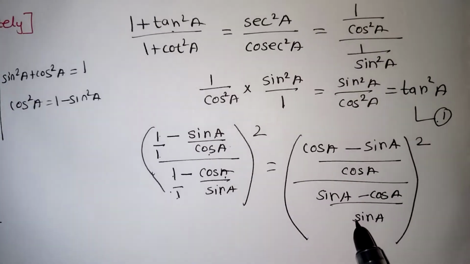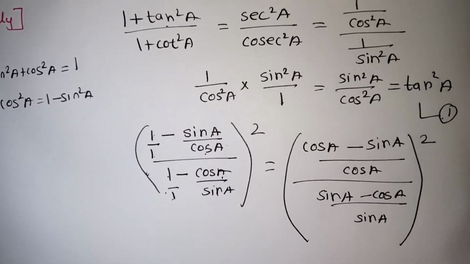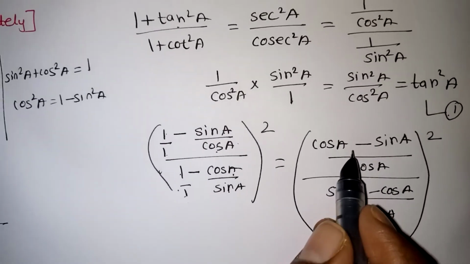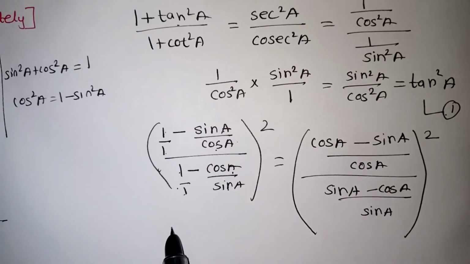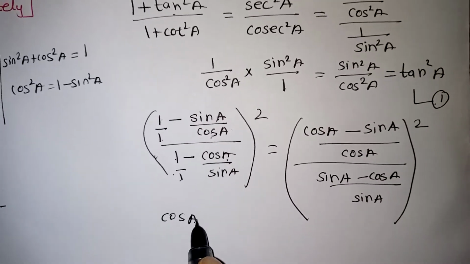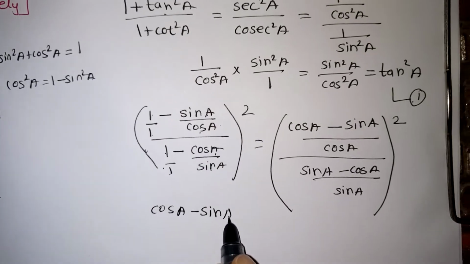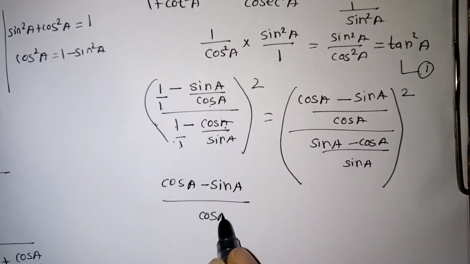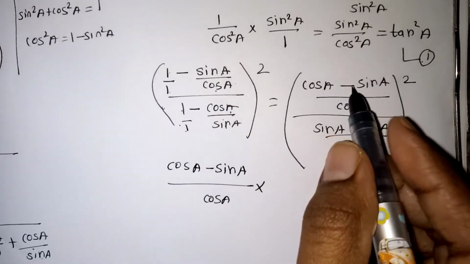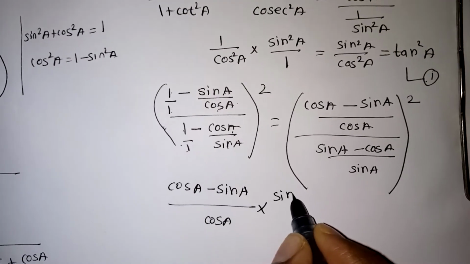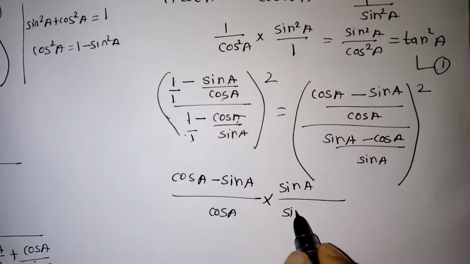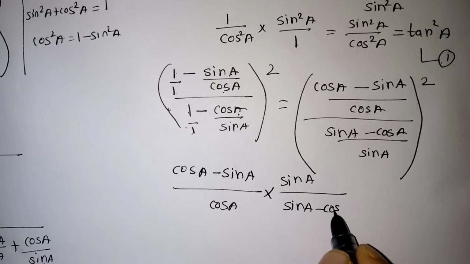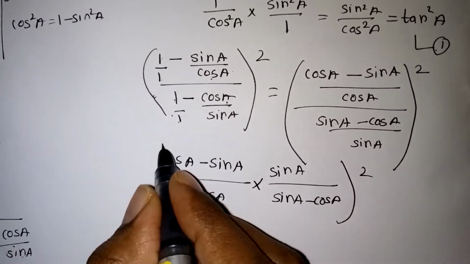Here we have a fraction in the numerator and the denominator; the denominator goes to the numerator and becomes a reciprocal. Let us write the numerator first, that is (cos A − sin A)/cos A multiplied by, this one I am taking to the numerator, it will become reciprocal. So sin A/(sin A − cos A), it will become the reciprocal. That whole square will be staying as it is.